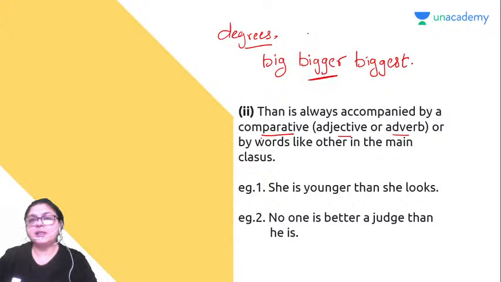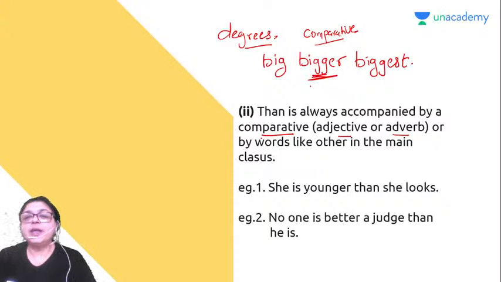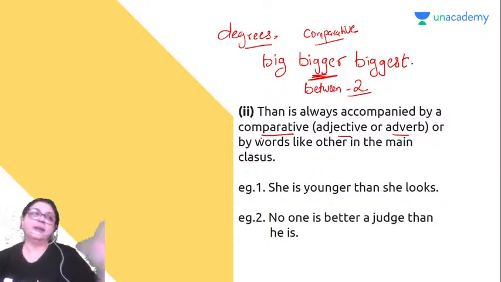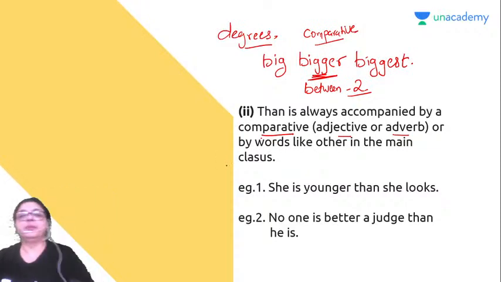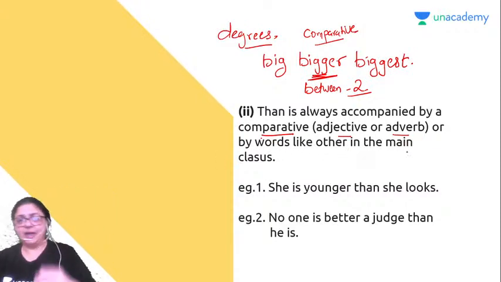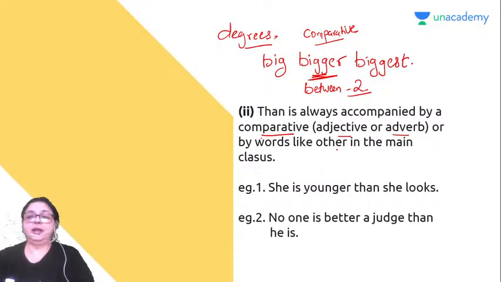So now this is my comparative, the degree of comparison. And when do I use this? Between two. Okay, when the comparison is between two. So then, than is always accompanied by a comparative adjective or adverb, or by words like other in the main clause.